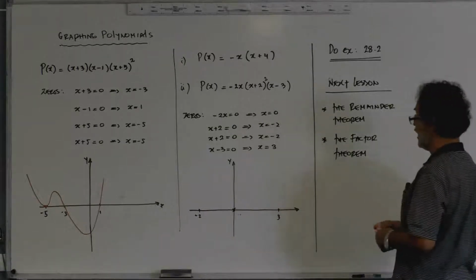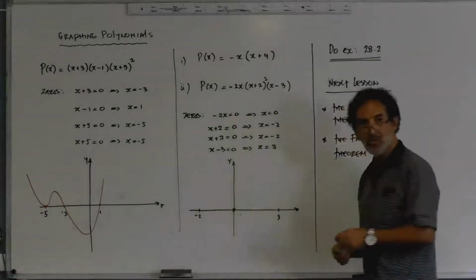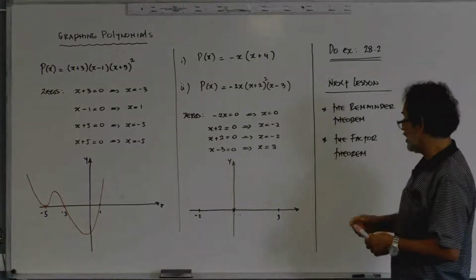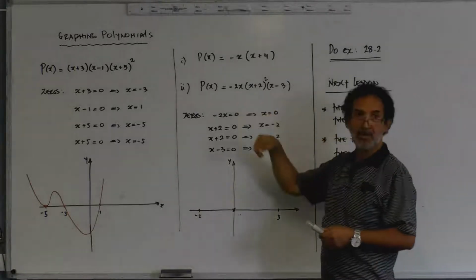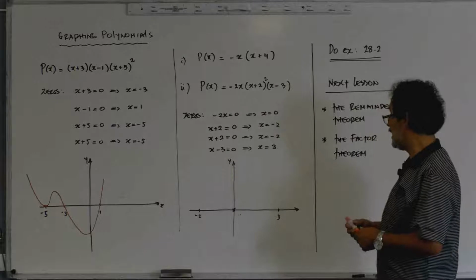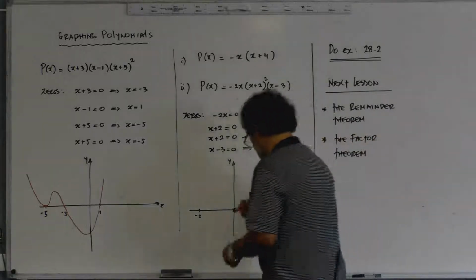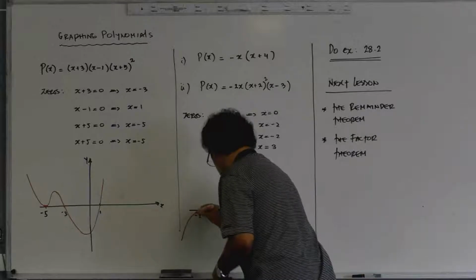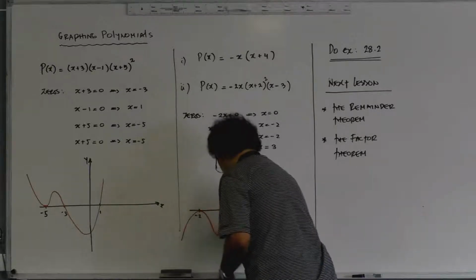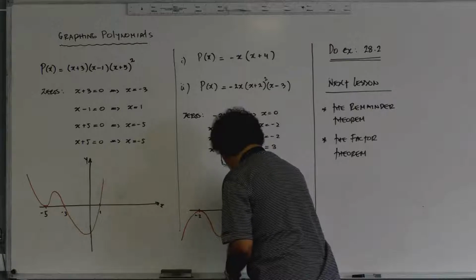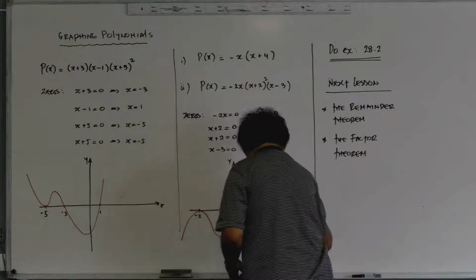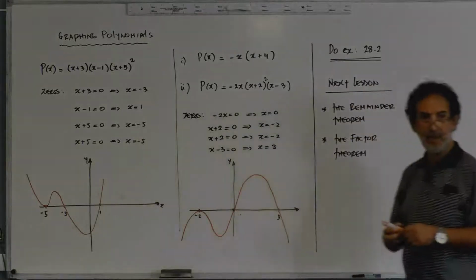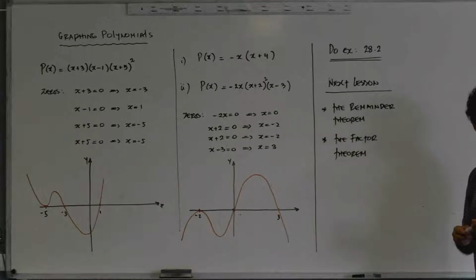And it's going to be another W. Actually, it's going to be an M because it will go down because of this negative. So we're going to have something that looks like this. It's going to go like this. We have the double, and then we got that one here, and then we got that one. Okay? That's what I had.